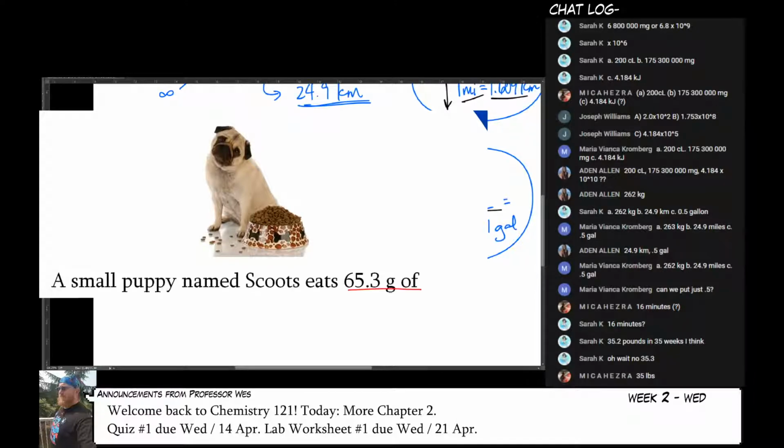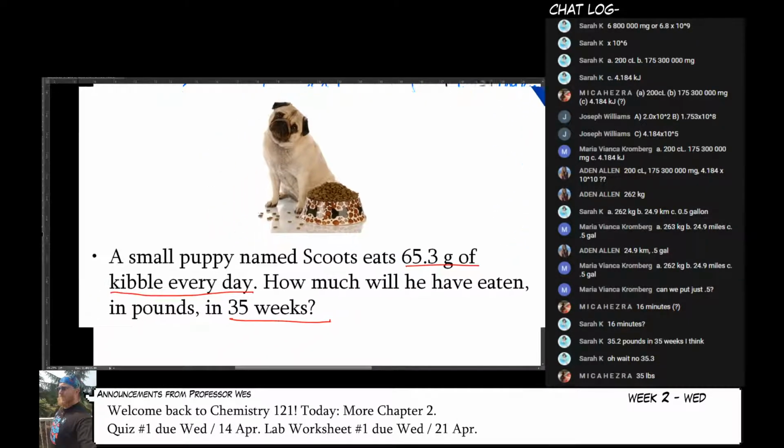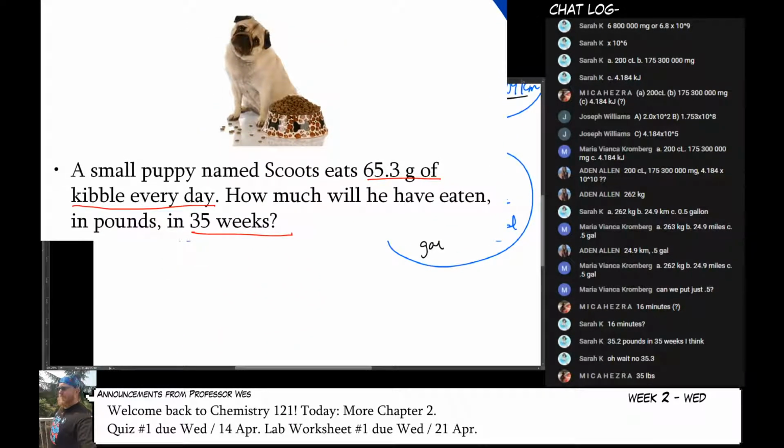Oh, there he is. Here's our buffer. All right, so we got to make him really tiny here.